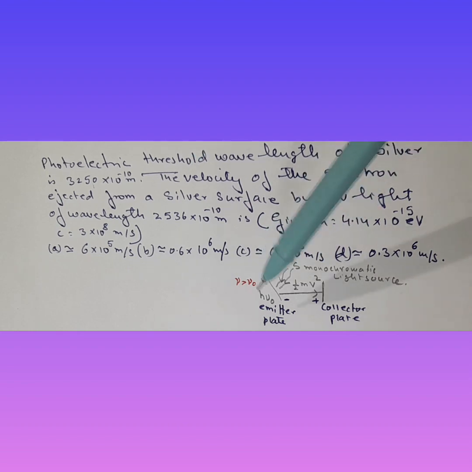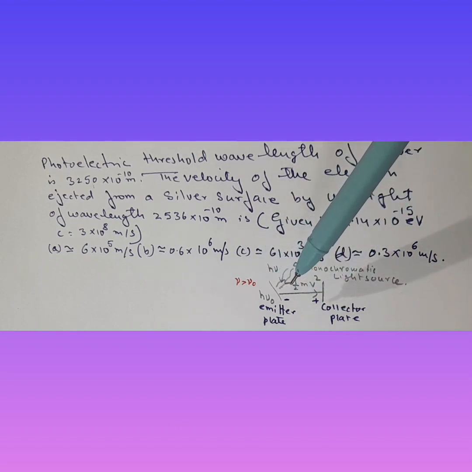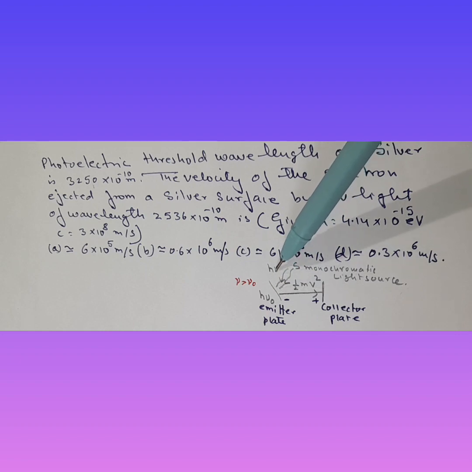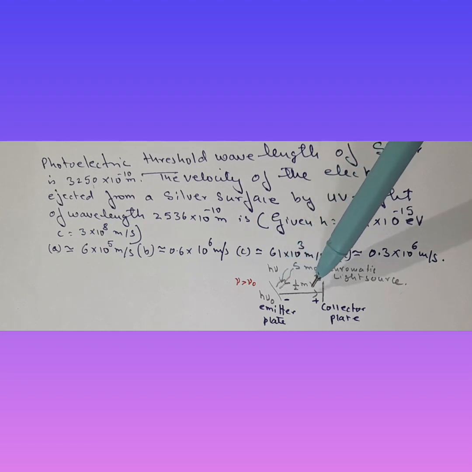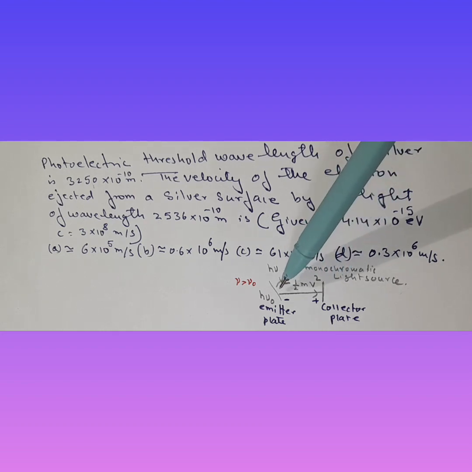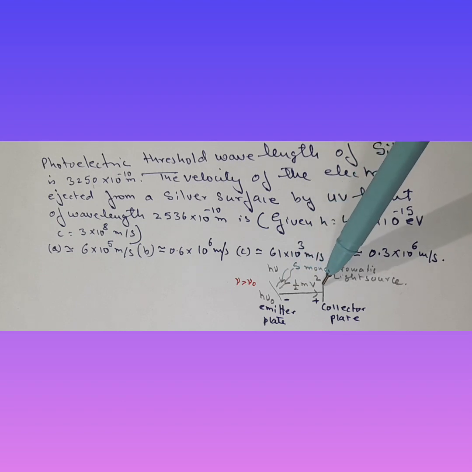Before we get into this numerical, we have got to just brush up our photon electron theory of photo emission. Now this is the monochromatic source of light which is emitted and thrown on an emitter plate. Now the frequency nu has to be greater than nu 0, the threshold frequency, then electrons from here are emitted and move to the collector plate with kinetic energy half mv square.